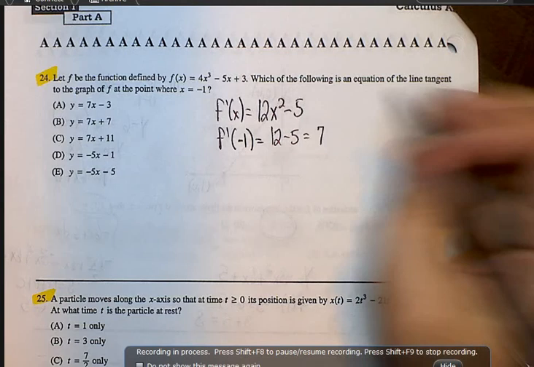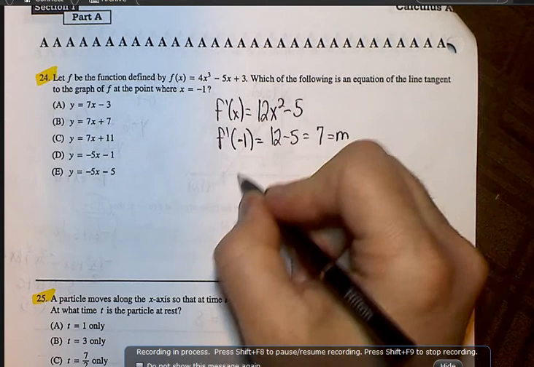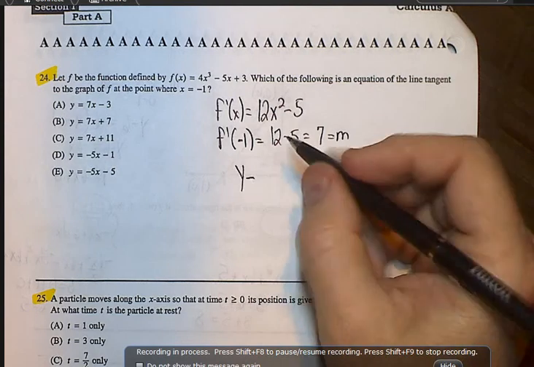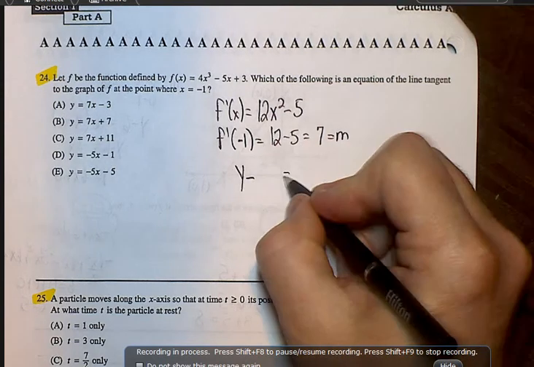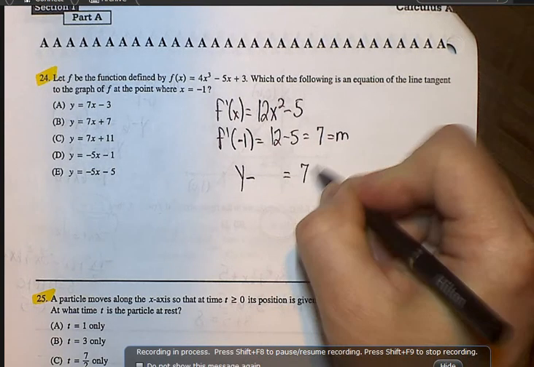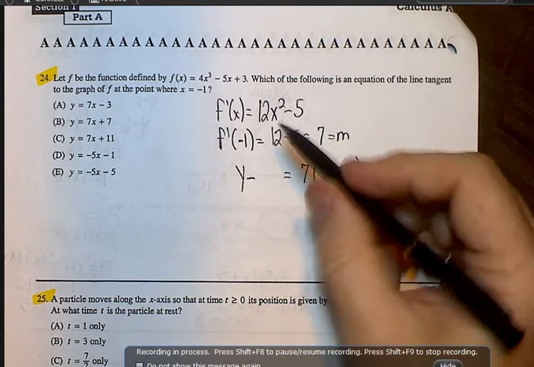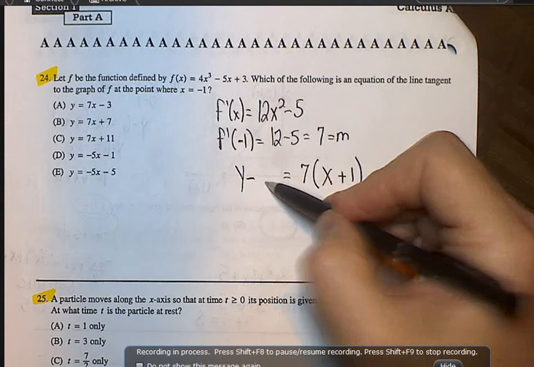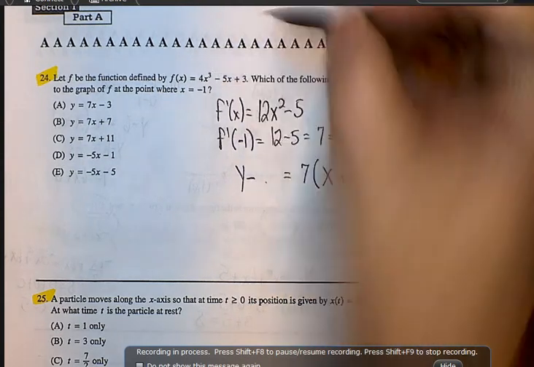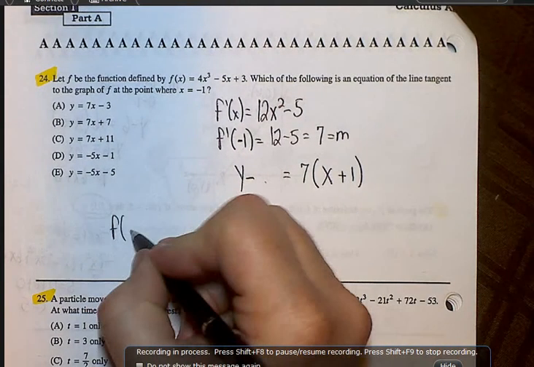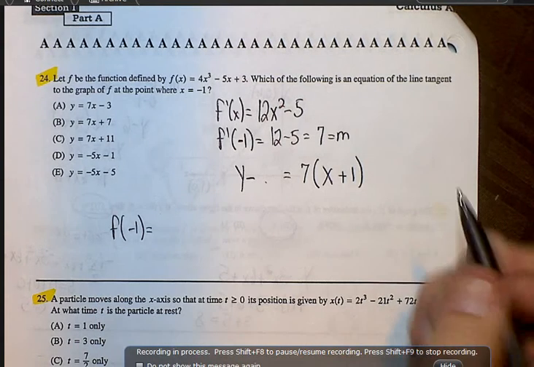So there's my slope. So I go y minus my y1, which I'm not sure yet, equals 7 times x minus a negative 1, which is plus 1. Now to find out what the y1 is going to be, we take the negative 1 and substitute it in, because I want to find f of negative 1, so I can figure out what the point is going to be.